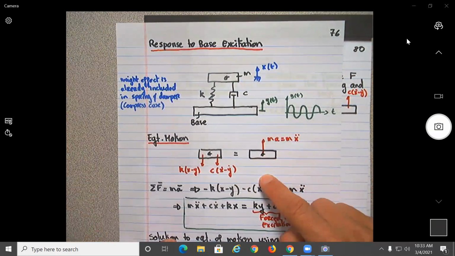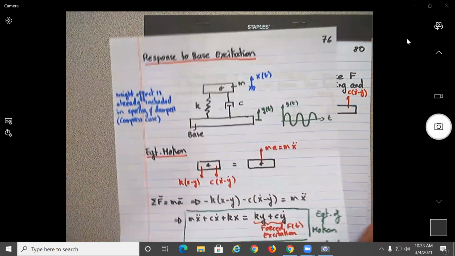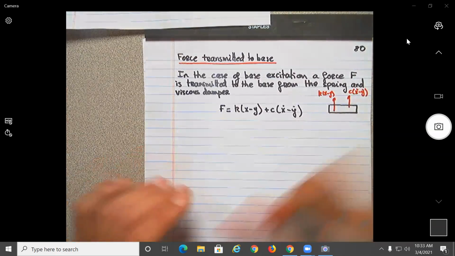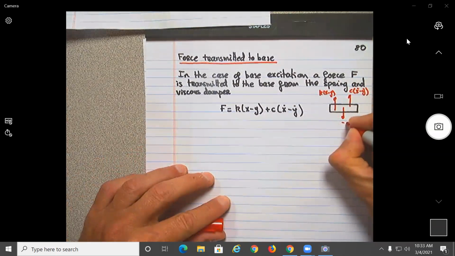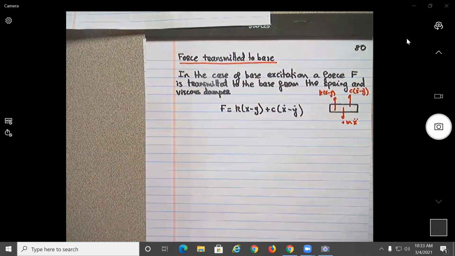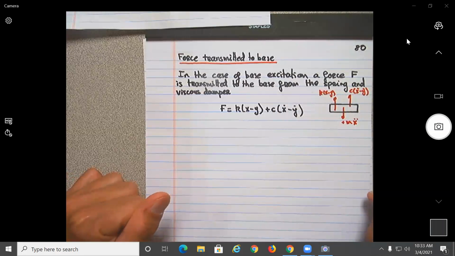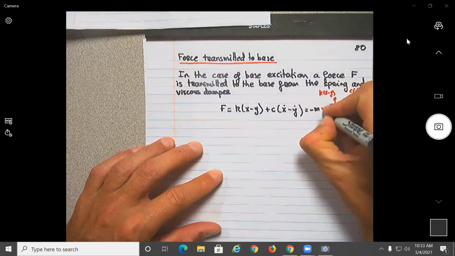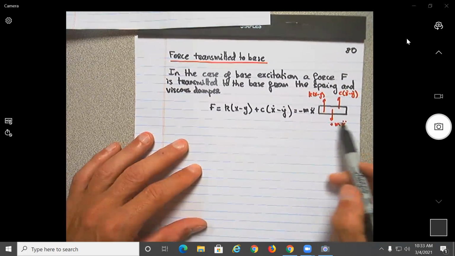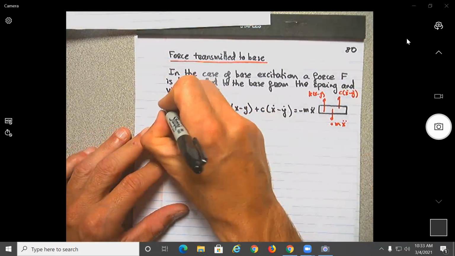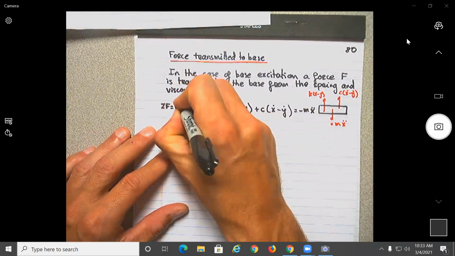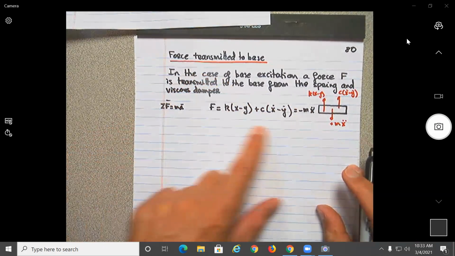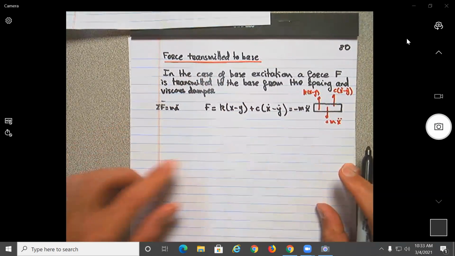This will be pointing down, no? Yeah. Action reaction. So it will be now, oh sorry, it will be plus m x double dot. So this will give us this. And this should be equal to what? Minus m x double dot from the figure. Okay, I'm just doing summation of forces equals m a, no? Yeah, okay.